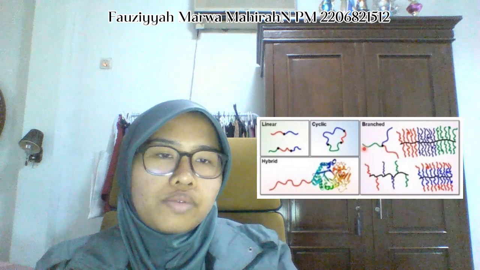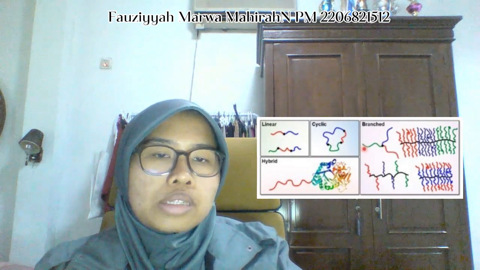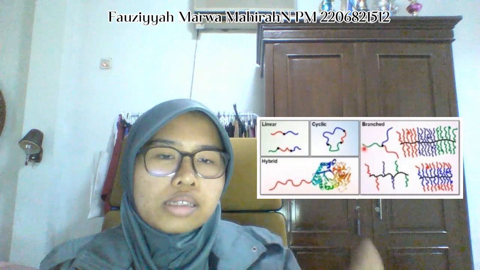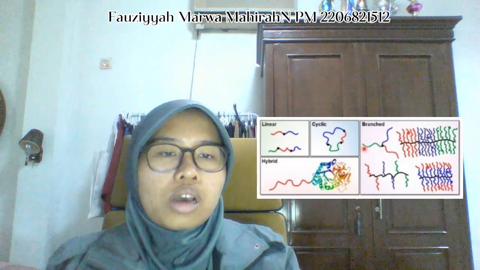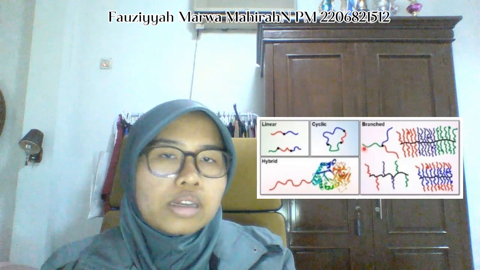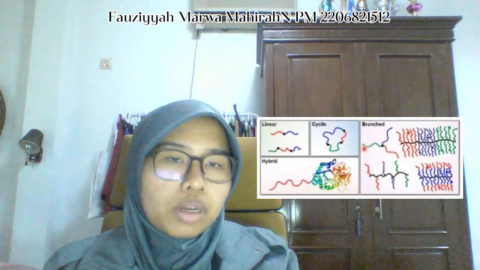I also got some photos of how it actually looks. So this is for the linear and acyclic, hybrid, and branch. You can look at the different colors and it contains different monomers. Examples of copolymers are acrylonitrile, butadiene, and styrene.